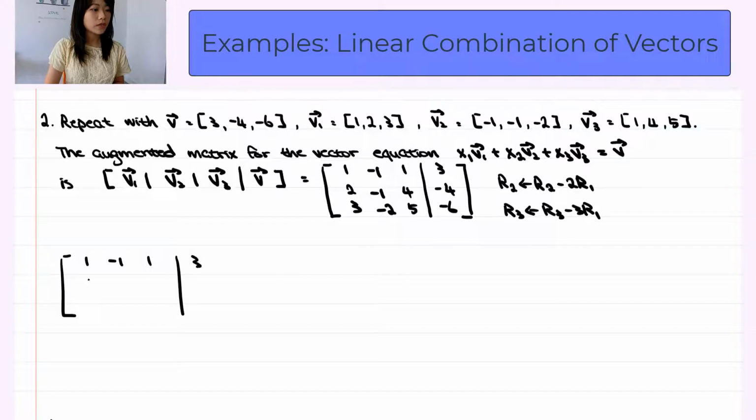Second row is 0, then negative 1 plus 2, that is 1, and 4 minus 2, that is 2, and negative 4 minus 6, that is negative 10. Third row we have 0, negative 2 plus 3, that is 1, 5 minus 3, that is 2, and negative 6 minus 9, that is negative 15.